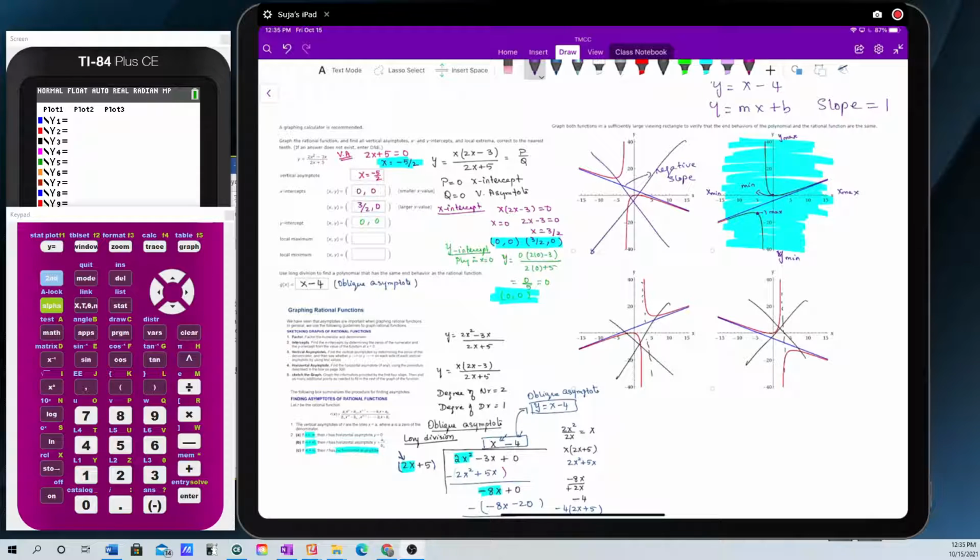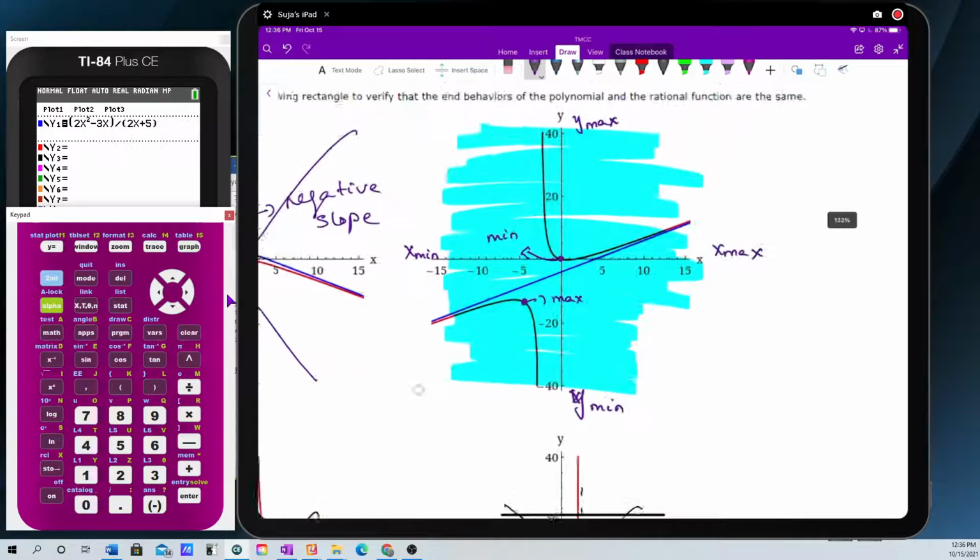Okay, so let me go graph the function. I'm going to input it in y equals. I can use the factored form or the unfactored form, it doesn't matter, because nothing is getting cancelled, so I can write it either way. So 2x squared minus 3x, I'm putting the original question in, divided by parentheses 2x plus 5. Since I already know my viewing window, I'm going to stick with this.